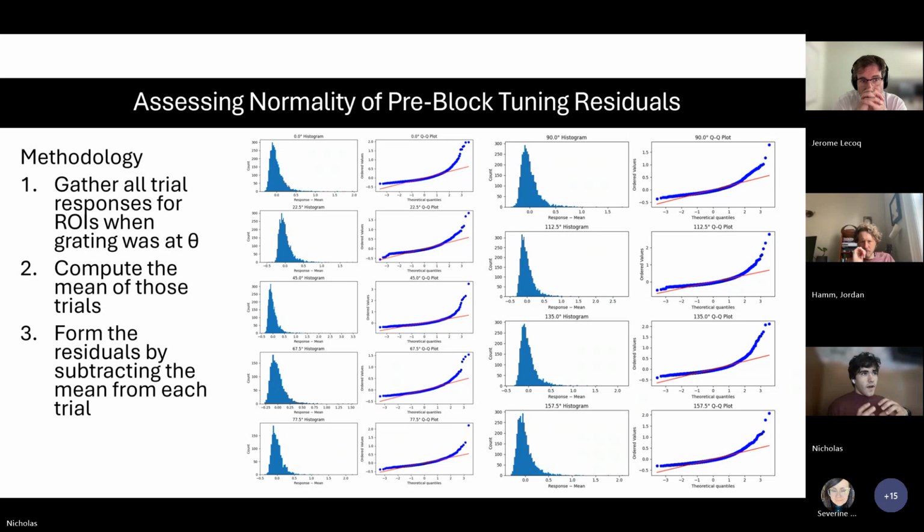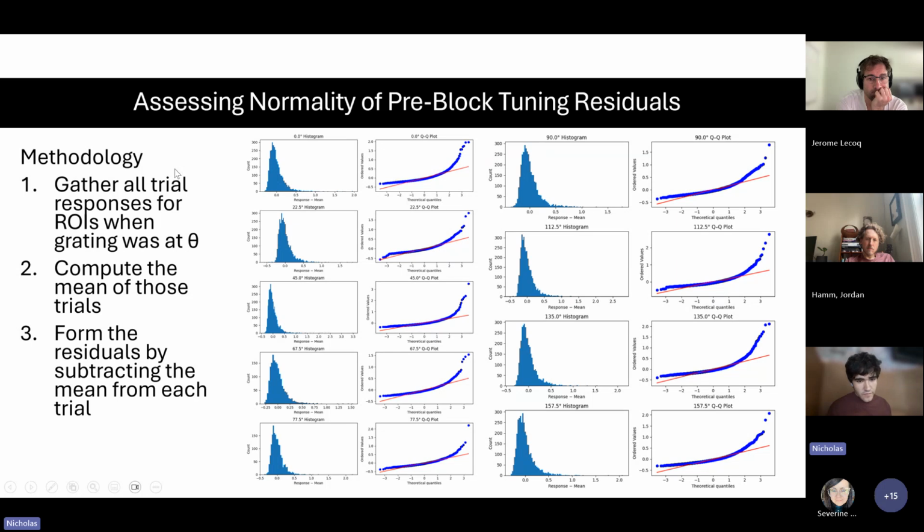And I took the mean response for that ROI to that stimulus presentation, and I calculated the residuals. So we can get a sense of how variable the response of each ROI is to a given stimulus presentation.